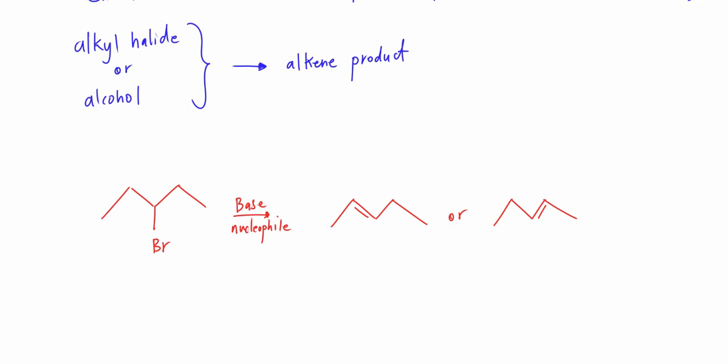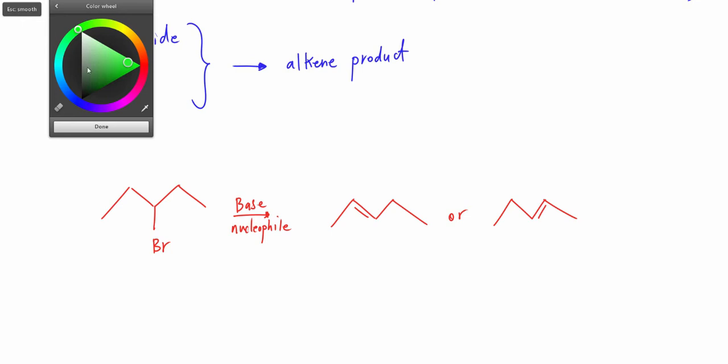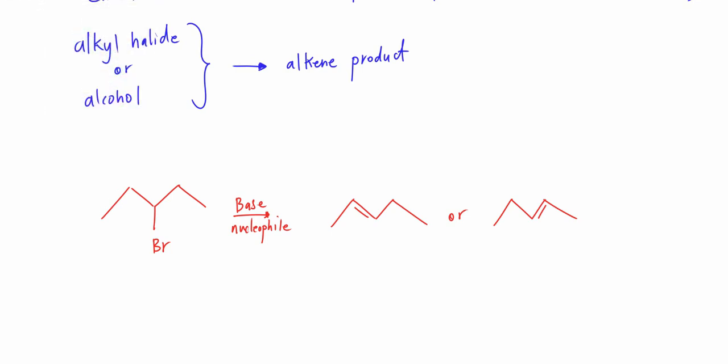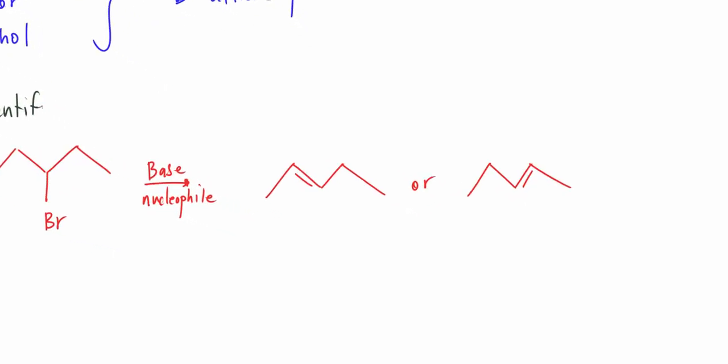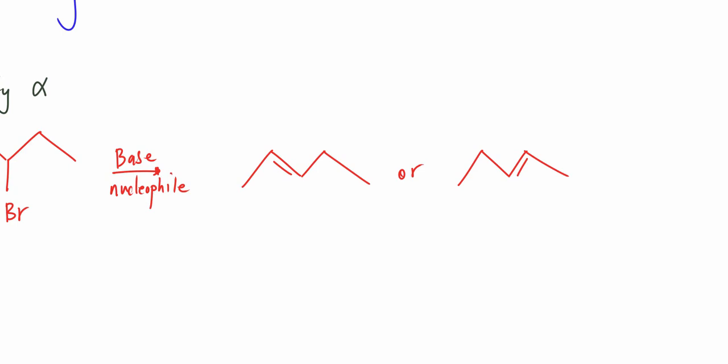Okay, so what we have to keep in mind is how did I get that specific product? What we want to be able to do is identify alpha carbons, beta carbons, and from your beta carbons you can get beta hydrogens.